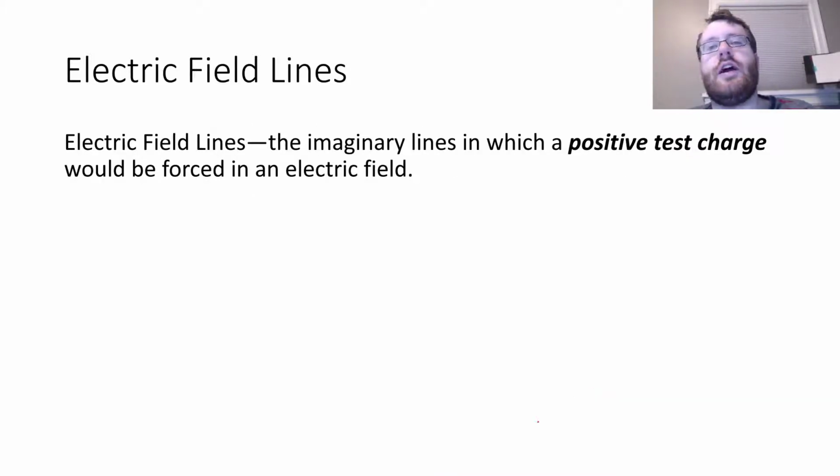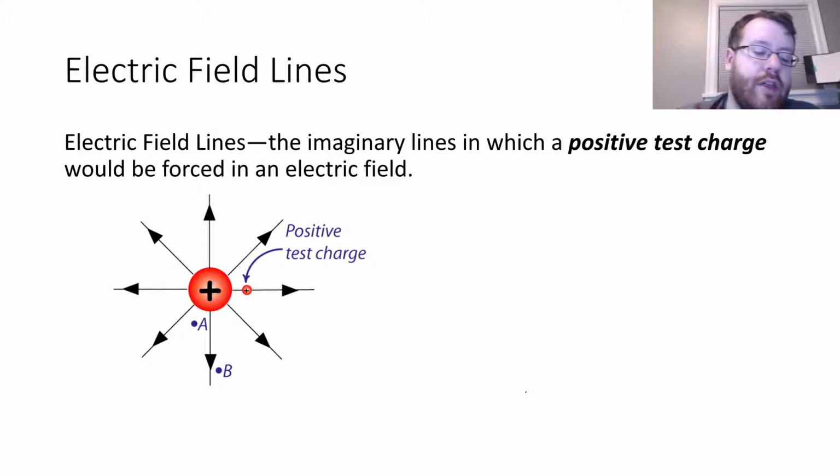Now, electric field lines are probably the most common way we're going to be working with electric fields. These are imaginary lines that show how a positive test charge would be forced in an electric field, or which direction it would be pushed or pulled. So what I mean by that is, let's say we have this large charged object over here, and it has an electric field around it.